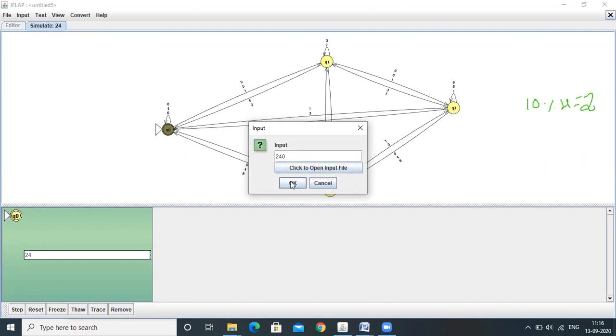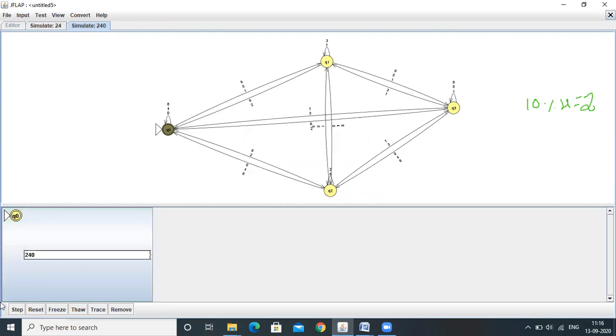Q0 on 2 moves to Q2. Q2 on 4 moves to Q0. Q0 on 0 stays in the same state. So 240 is divisible by 4.